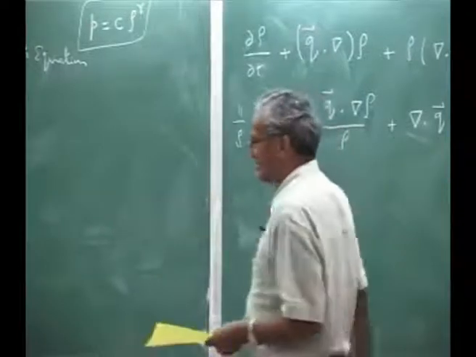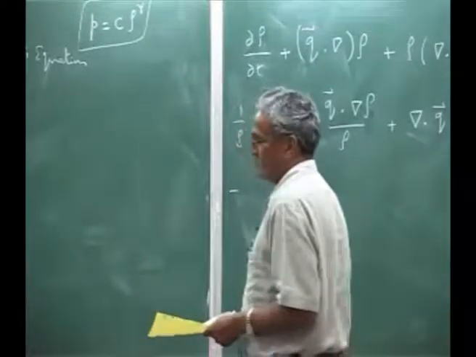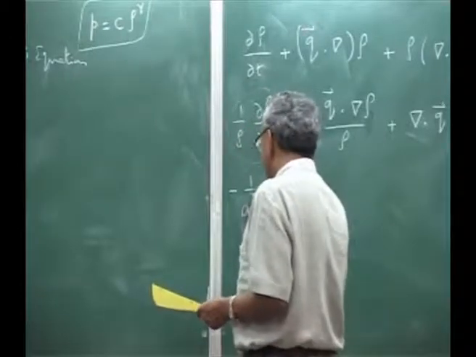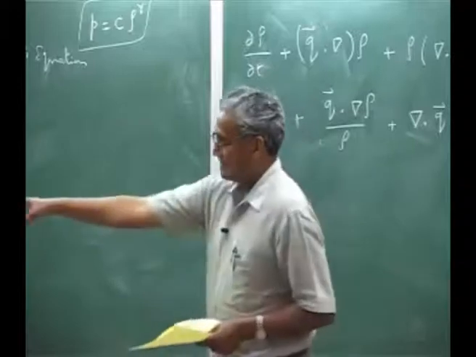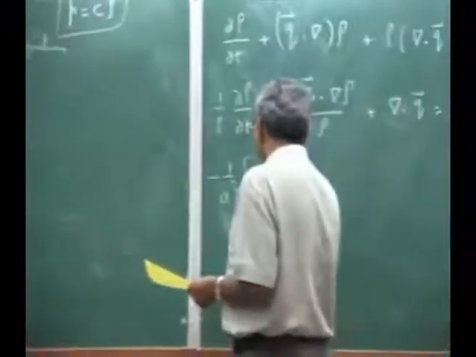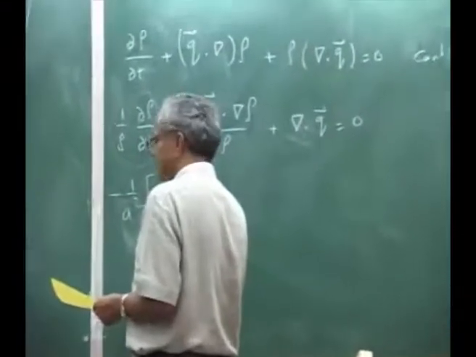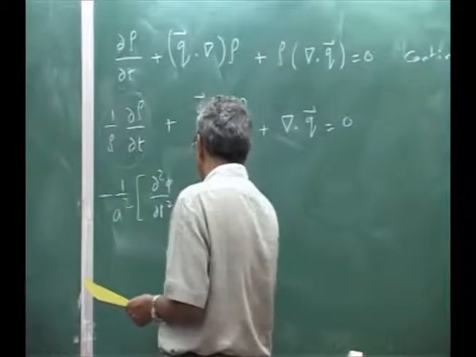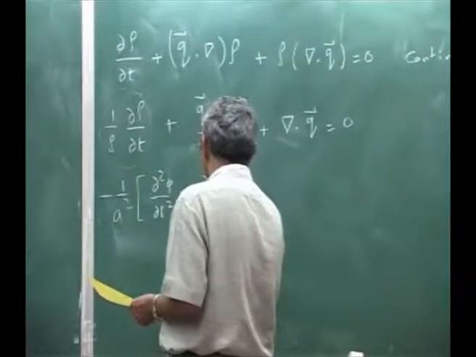I will write minus 1 over a square. Please note that I am getting 1 over a square into del square phi over delta t square plus delta by delta t of q square over 2.